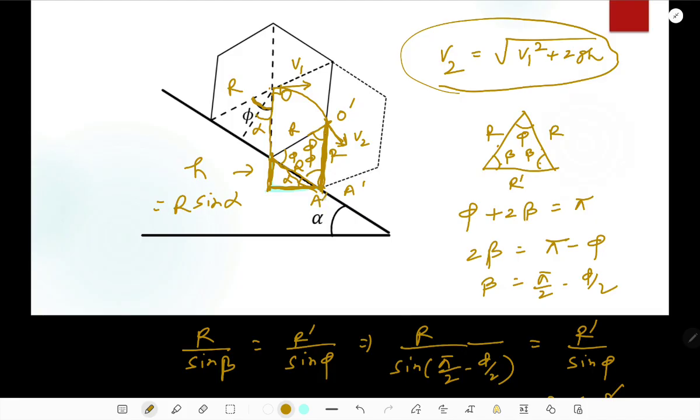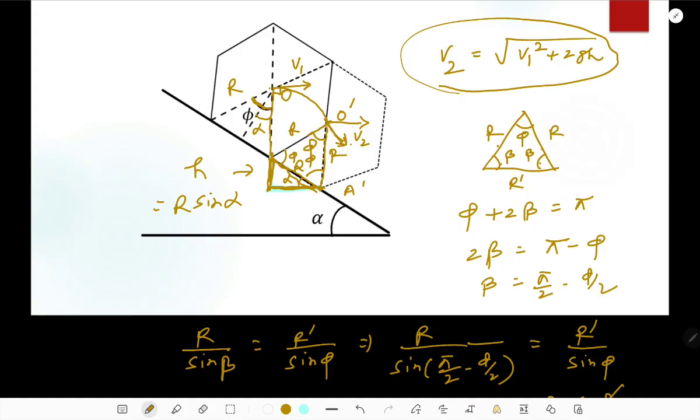If I name this point a dash, so v2, the component of v2 along o dash a dash, it will be damped. Simply it is going to lose that velocity, so it will have a velocity perpendicular to o dash a dash only.